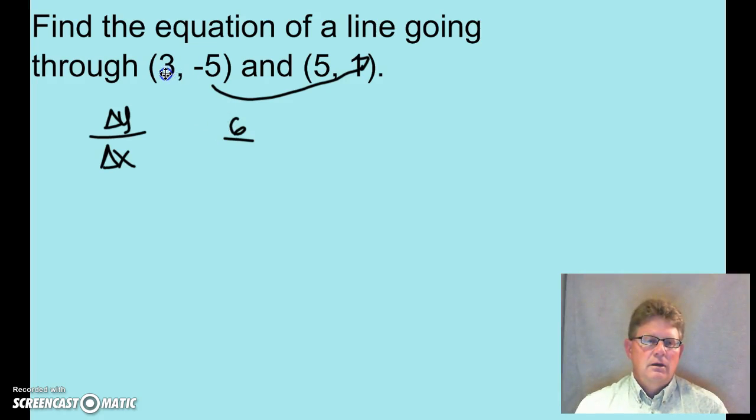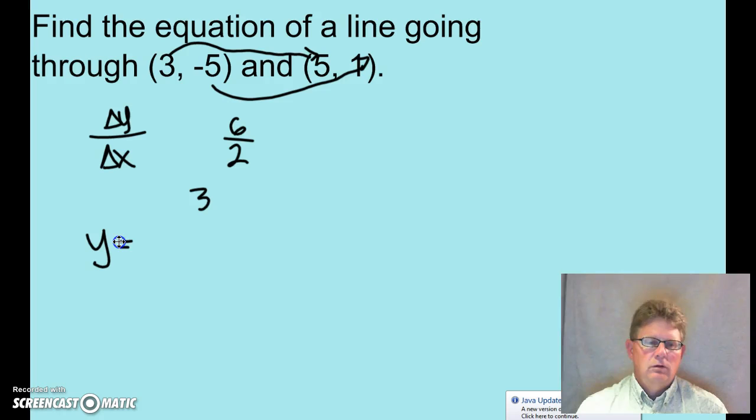The x's went from 3 to 5, which is a change of 2. So the slope is 3.